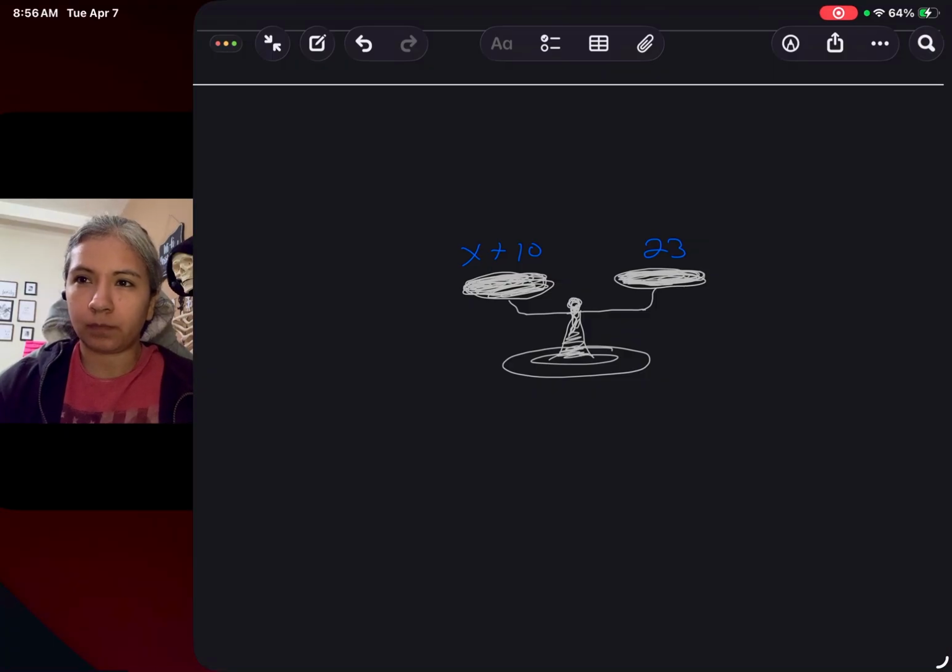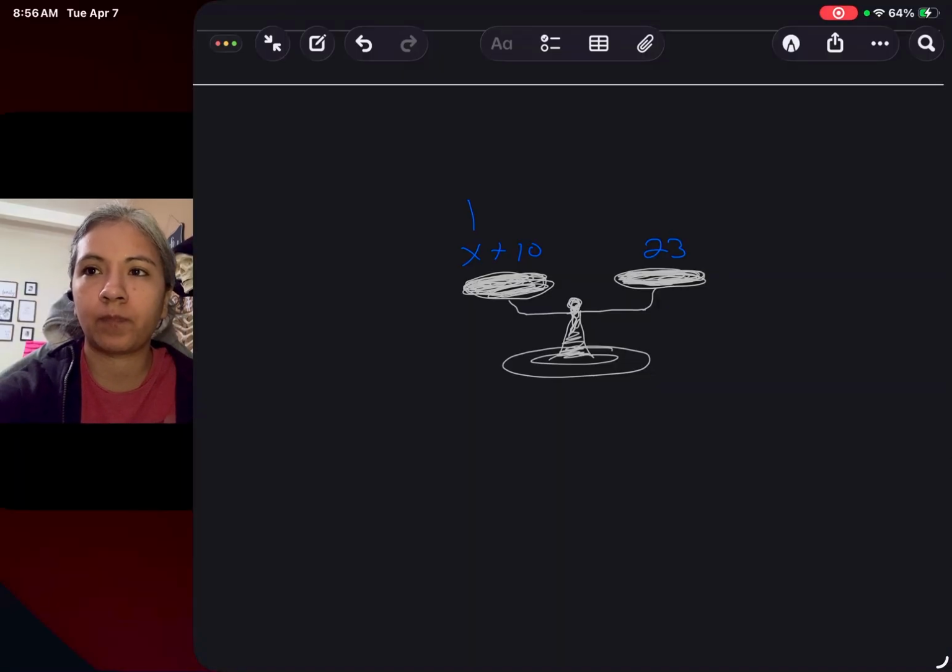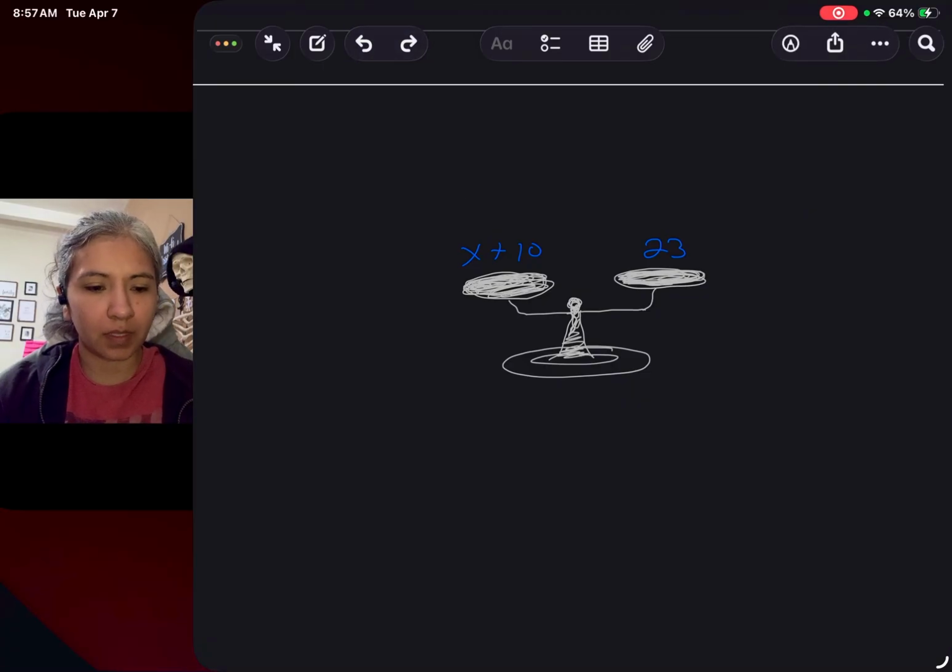And whenever we have equations like these, we want to get the variable, which is usually the letter, by itself. And so what we do to one side, we do to the other so that it stays balanced.